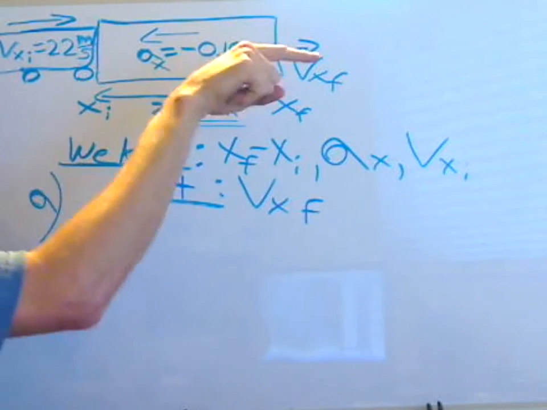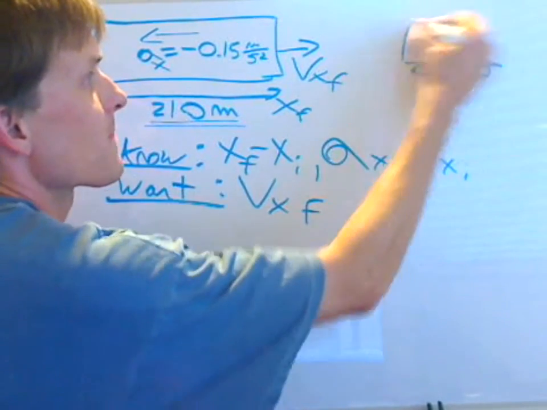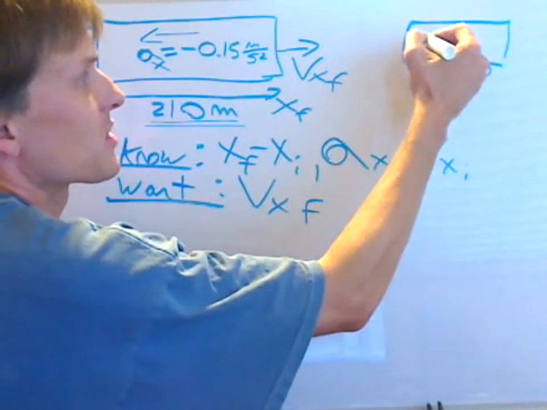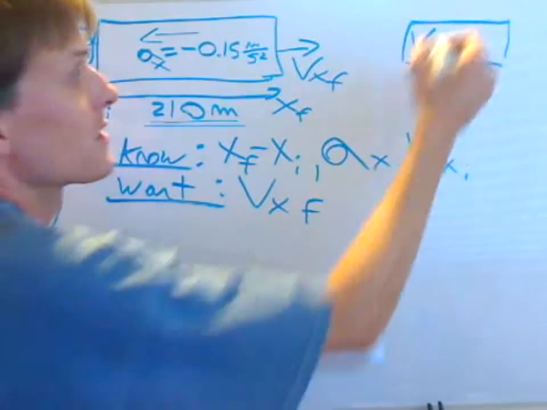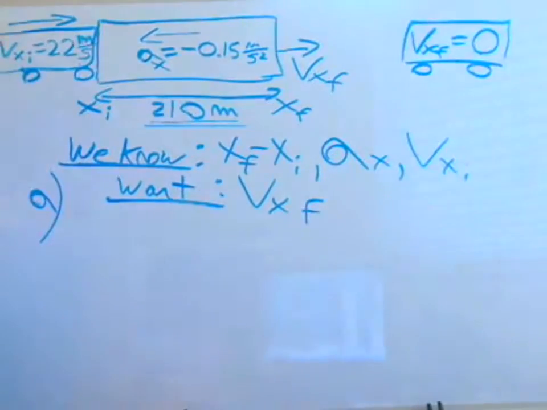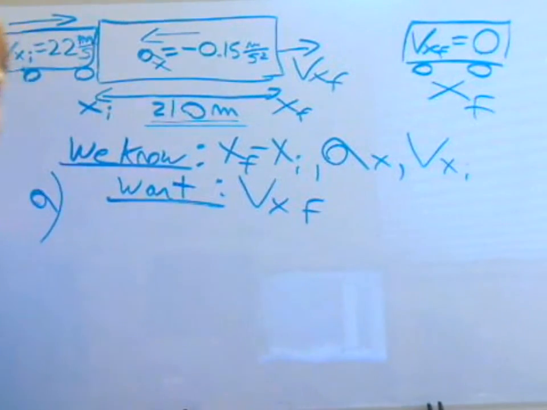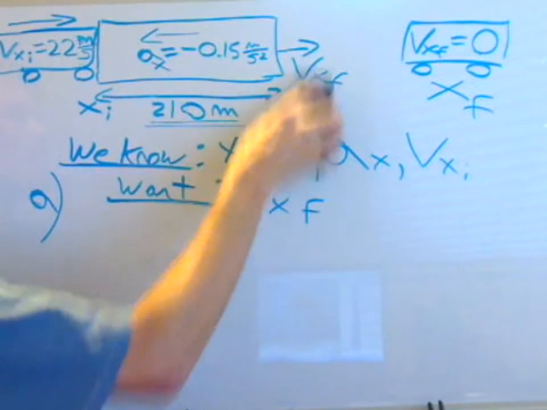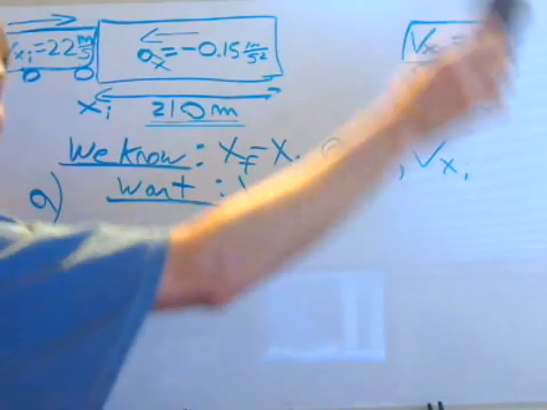We have our train initially going into the station, but our final situation is our train somewhere way out here, and its final velocity is what? Well, it's stopped, so its final velocity is 0. Okay? And we want to know what the full stopping distance is, okay? We want to know what the final position of this train is when it does finally stop. So we're no longer concerned with what's happening at the exit of the station. Okay? We're just concerned with this distance from here to here.